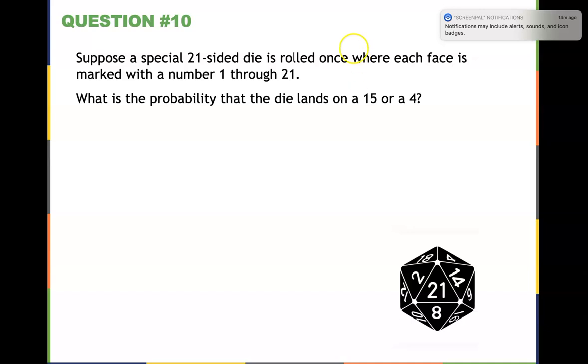So these are mutually exclusive events. So the probability of 15 or 4 would simply be the probability of 15 plus the probability of 4, again because they are mutually exclusive events. So 1 over 21 for each roll, simply add them together and you have 2 over 21.